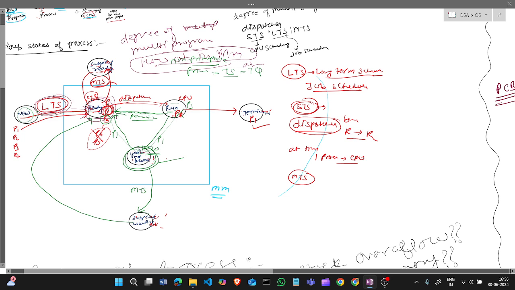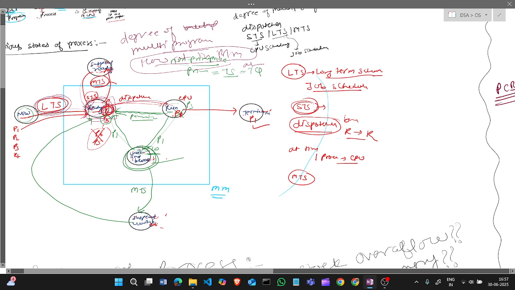long-term scheduler. The short-term scheduler is responsible for selecting which job is going to take the CPU, and the dispatcher brings this selected process to the CPU. And the MTS suspends from the ready state to the suspend ready state, and then brings it back to the ready state. So these are the three kinds of schedulers.